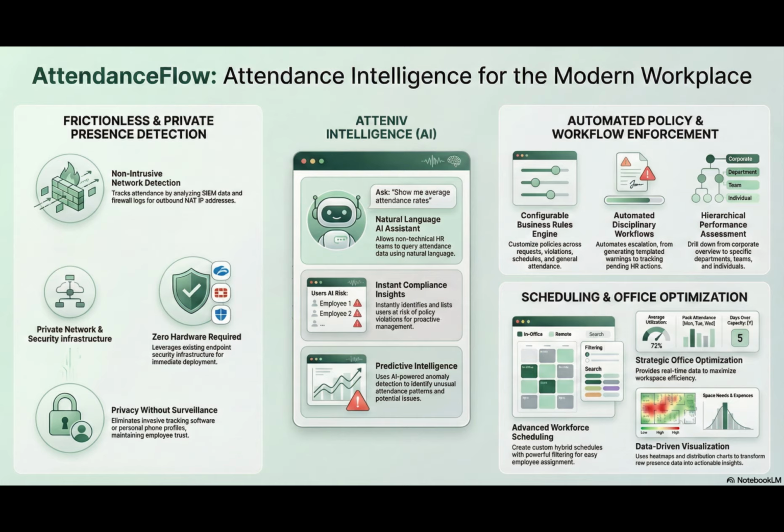Another pillar that we have is what we refer to as non-intrusive network presence detection. We can identify accurately who's in the office by using endpoint security infrastructure logs, such as Zscaler or Microsoft Defender, rather than invasive surveillance that sometimes requires additional hardware or applications.